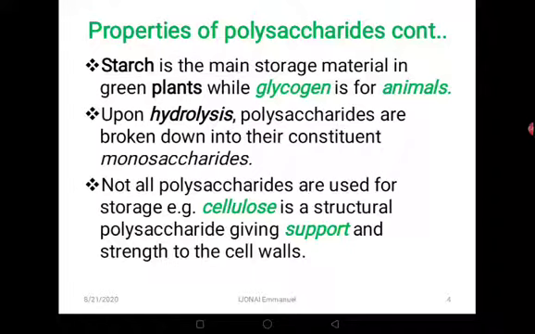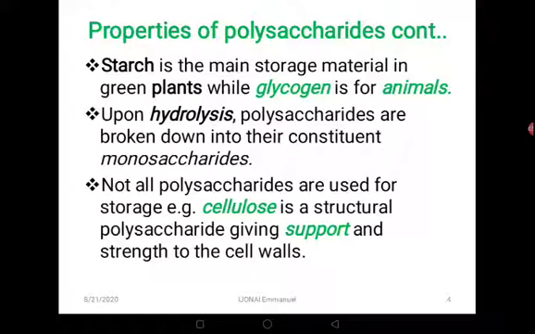Upon hydrolysis, when these polysaccharides are broken down, they are broken down into their constituent monosaccharides. For example, starch is a polysaccharide of glucose, alpha glucose. So when you break down starch, you produce alpha glucose molecules.